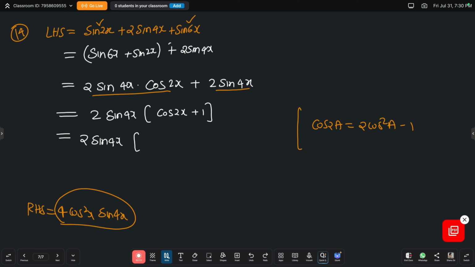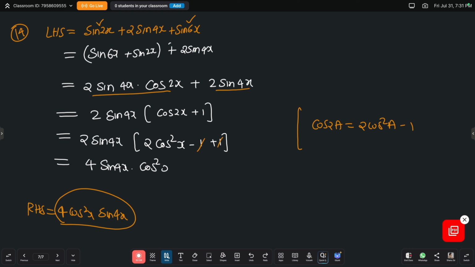So it will be 2 cos square of half of 2x, only x, minus 1, and it is plus 1. Then this 1 and this 1 cancel. Now simplify. In the multiplication, 2 into 2, 4 sine 4x cos square x, not 2x, only x.